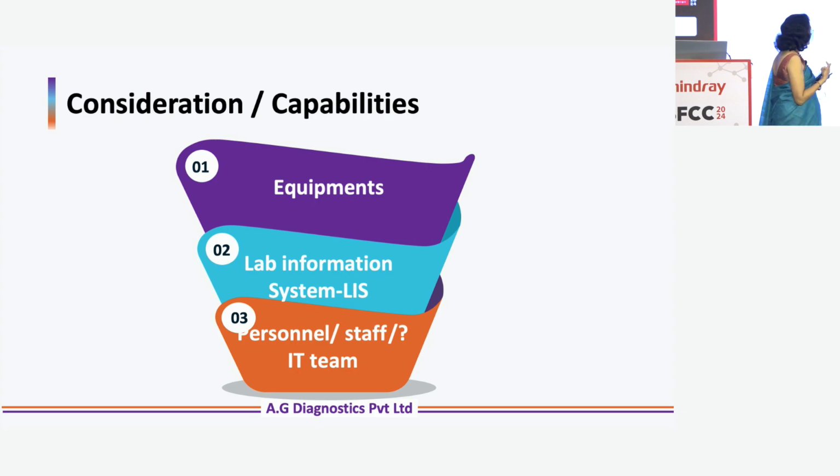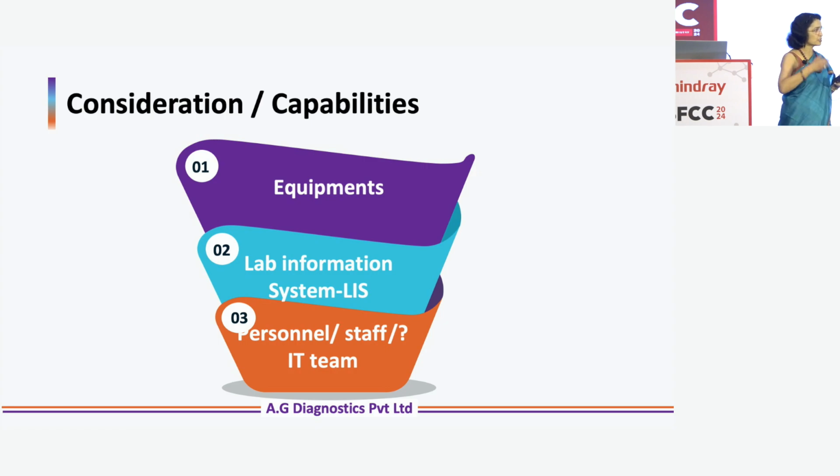So you have to look at the capabilities of the equipment, then of the laboratory information system, because the laboratory information system has to do a lot of work here. Your LIS has to be capable of handling the auto verification process. Then the personnel and the staff have to develop the algorithms, because there's not going to be any ready-made algorithm which is applicable to your lab and my lab.